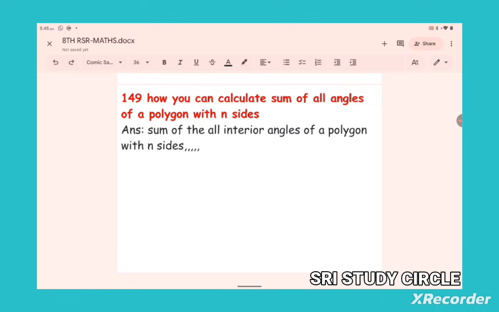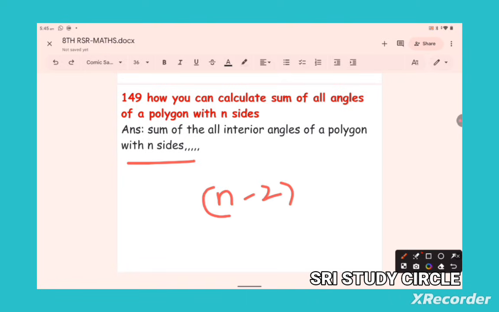The sum of all the interior angles of a polygon with n sides is equal to, we have here one formula, (n minus 2) times 180 degrees. (n minus 2) times 180 degrees is called the sum of all interior angles of a polygon which has n sides. What is the formula? (n minus 2) times 180 degrees.